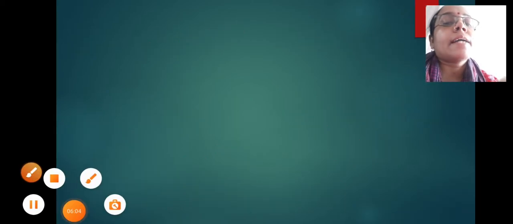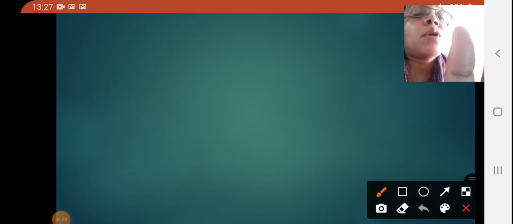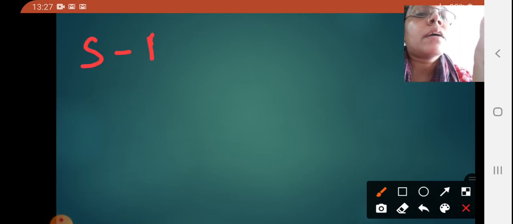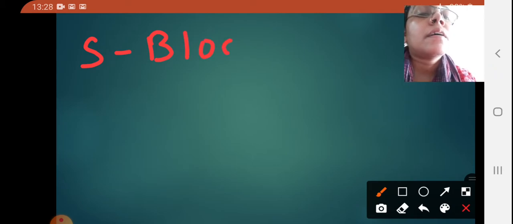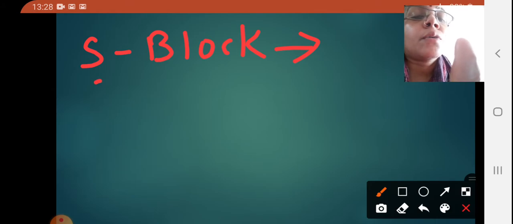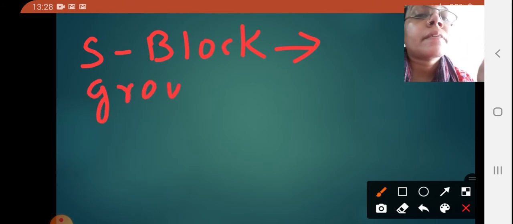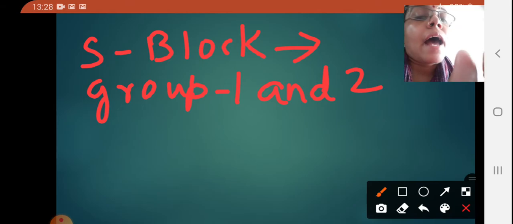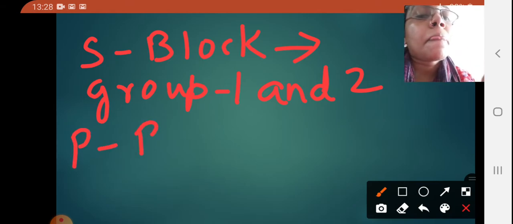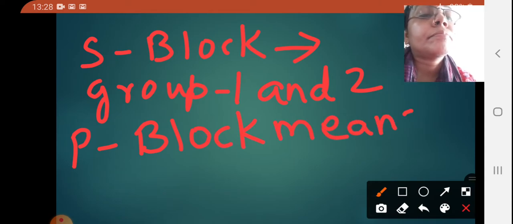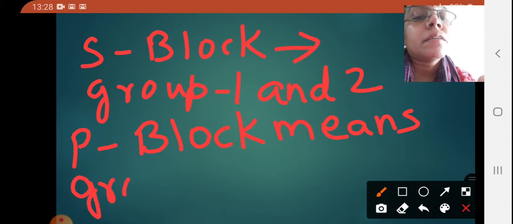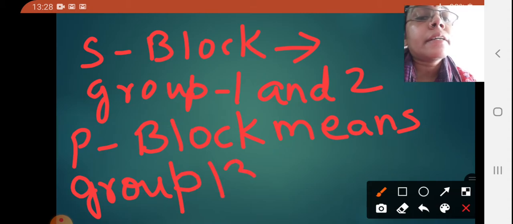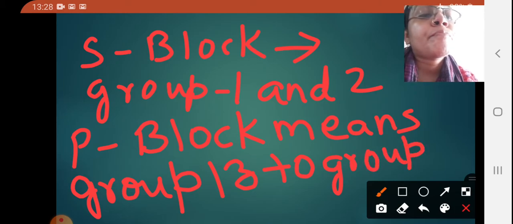One more point you can write here: S block means group 1 and 2, and P block means group 13 to group 18.